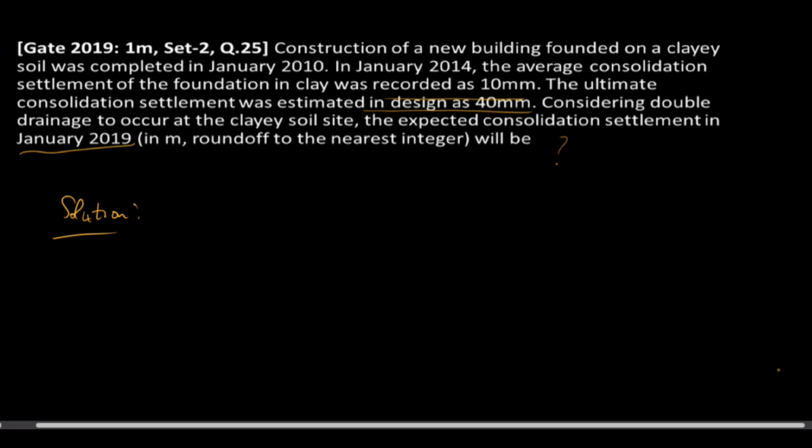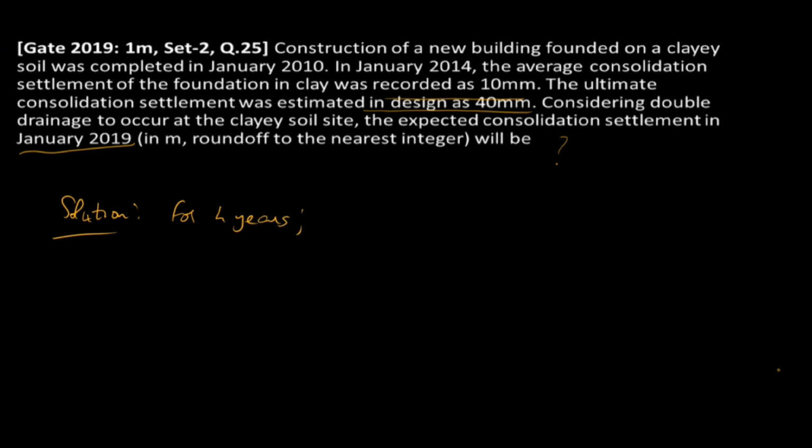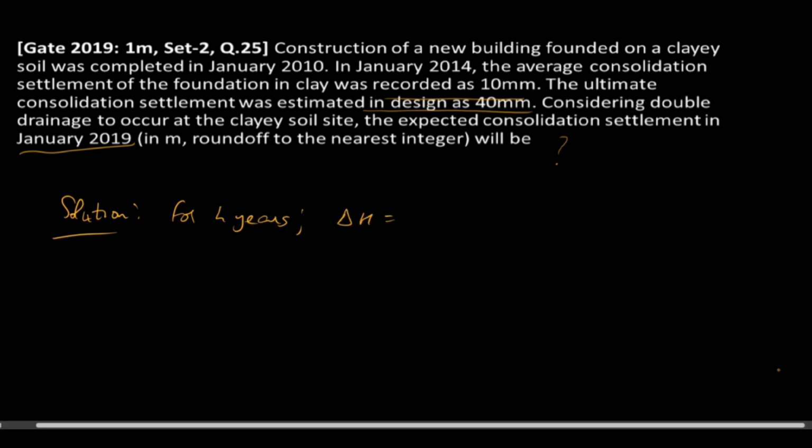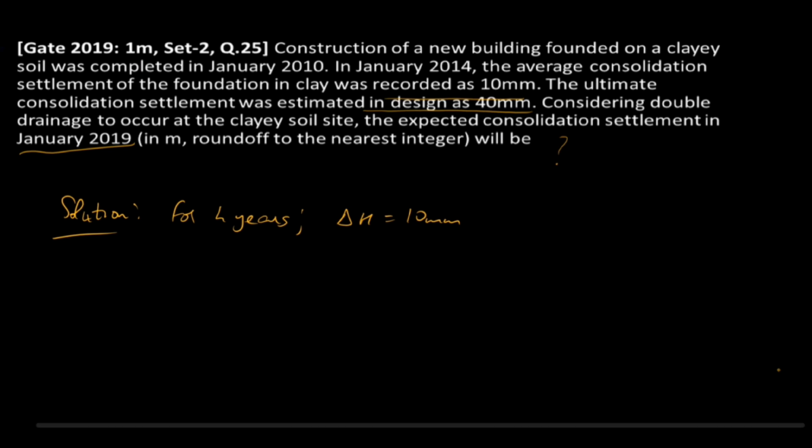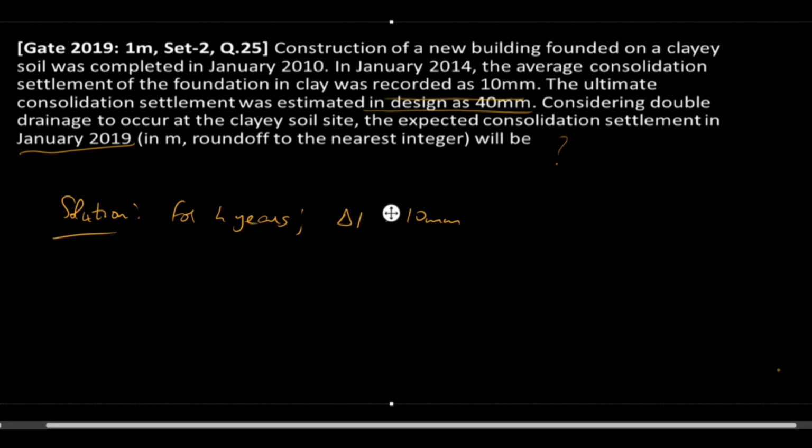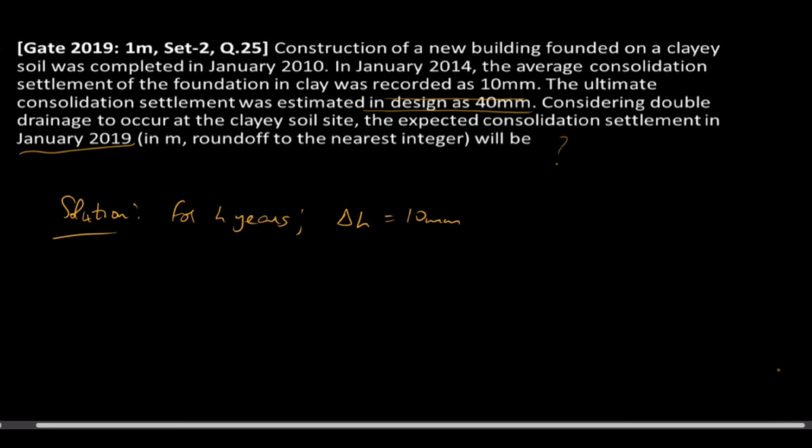From January 2010 to January 2014, it is nothing but 4 years. So, for 4 years, consolidation, that is delta H, is equal to 10 mm. Okay.